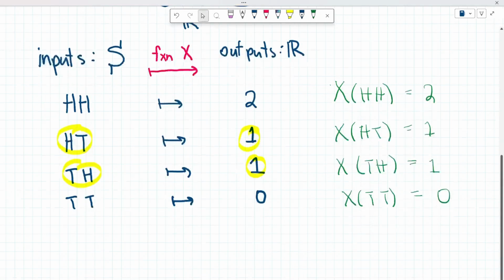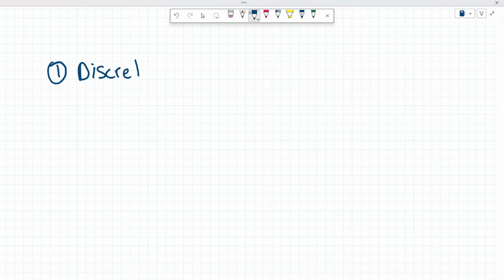So let's continue our discussion about random variables, and I'm going to show you that there's actually 2 types of random variables we can have. The first type is called a discrete random variable. So in our above example, those were discrete random variables. When we have a coin toss, we can either get heads or we can get tails. There's 2 possible outcomes from one coin toss, and you can't get any value in between.